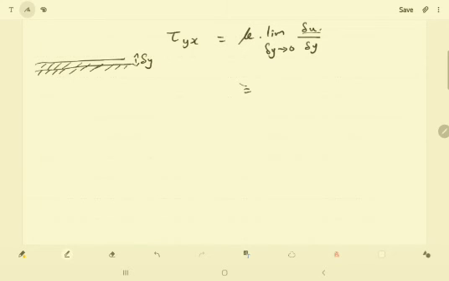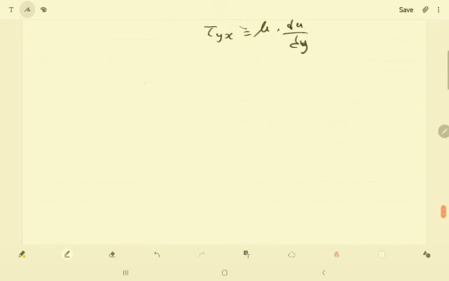So tau yx equals mu into du by dy. Tau yx is equal to mu into du by dy.